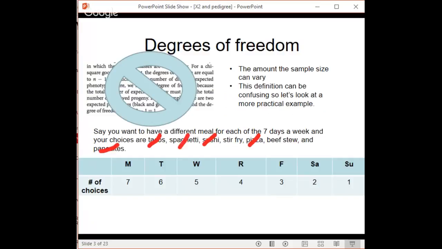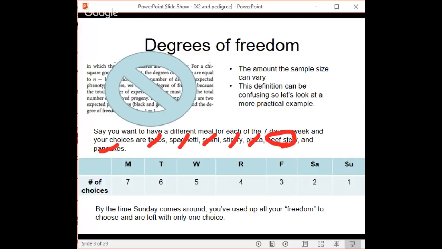Friday, you choose spaghetti. Saturday, you choose stir fry. And by the time you get to Sunday, you only have 1 choice left, and that's beef stew. So when you get to Sunday, you've used up all of your freedom to choose, and you're left with only 1 choice. This is how I like to look at degrees of freedom.